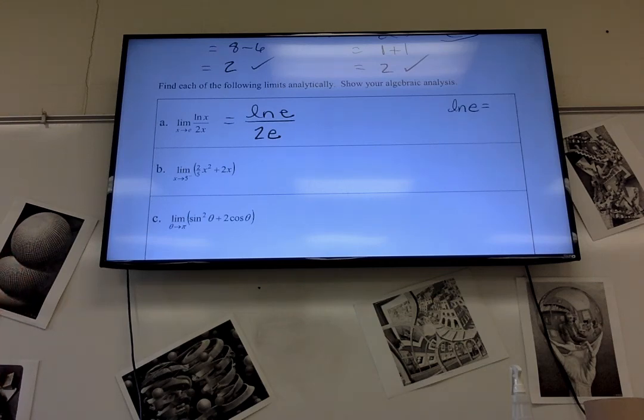In case you don't remember, because that was the part that we didn't get to last year, a log base e is the same thing as the natural log. That's what a natural log is. It's a log with the base of e.